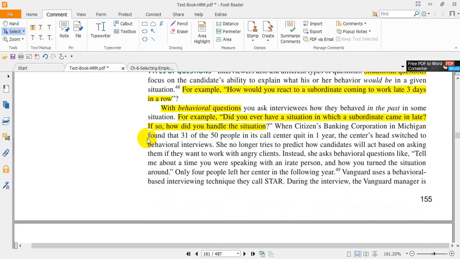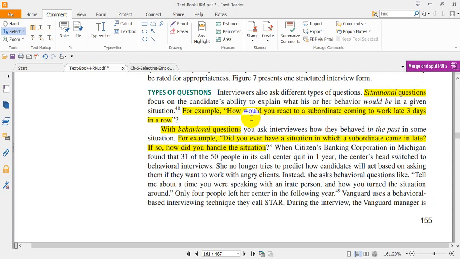In the behavioral questions, you ask interviewees how they behaved in the past in some situations. For example, did you ever have a situation in which a subordinate came in late? If so, how did you handle the situation?